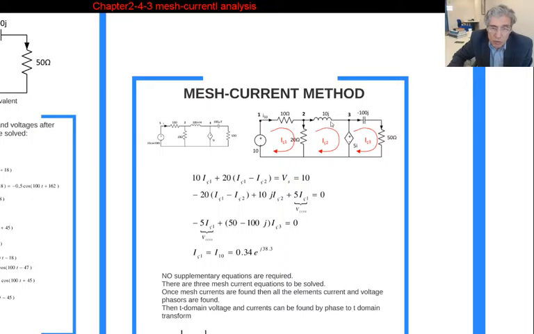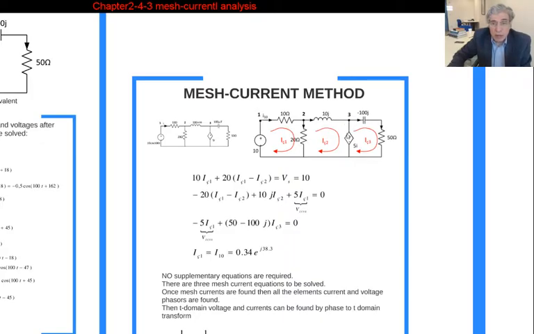The impedance of the inductor is 10j, and there is one mesh current passing through it, in the same direction, so plus 10j times IC2. The current of this inductor multiplied by this impedance gives you the voltage of this inductor.